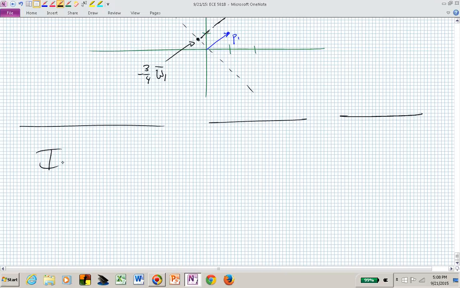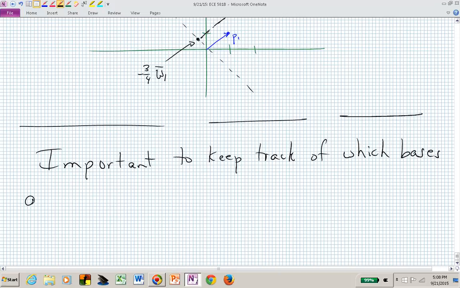But it is important to keep track of which bases are being used for V and W.